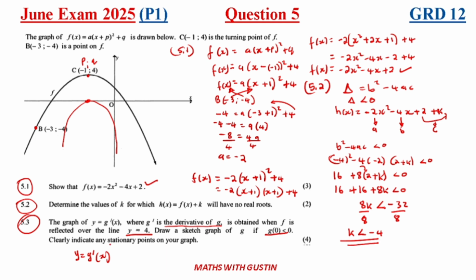Right. So now in this case, guys, they want us basically to go back. Remember, they are saying here this is a derivation of g and is obtained from f of x when reflected along this line. Right. So basically, what you have in this case, the graph would have to be the reverse of this.